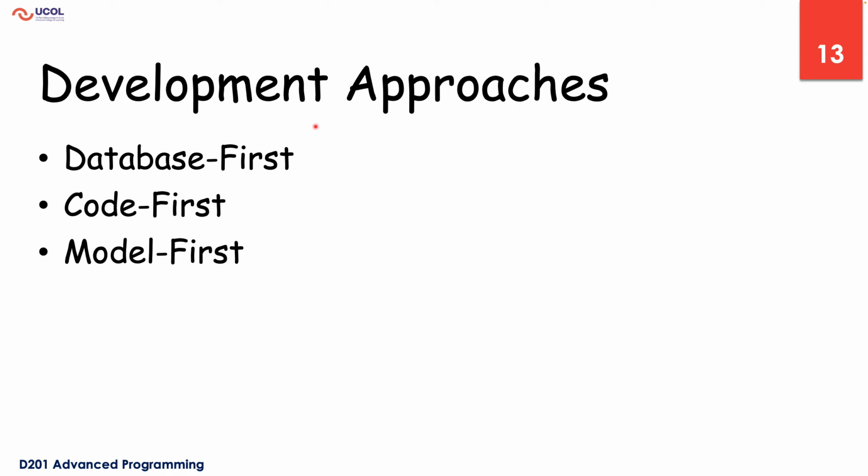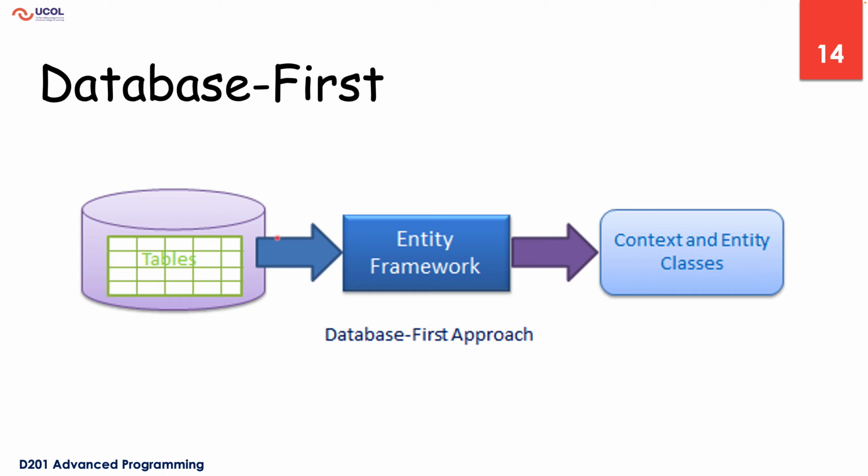So there are three different approaches. One is the database first approach, second is the code first approach, and the third one is the model first approach. Database first means that we first go into our database management system, whether it is SQL Server, MySQL or Oracle. We have a lot of different types of relational database management systems.